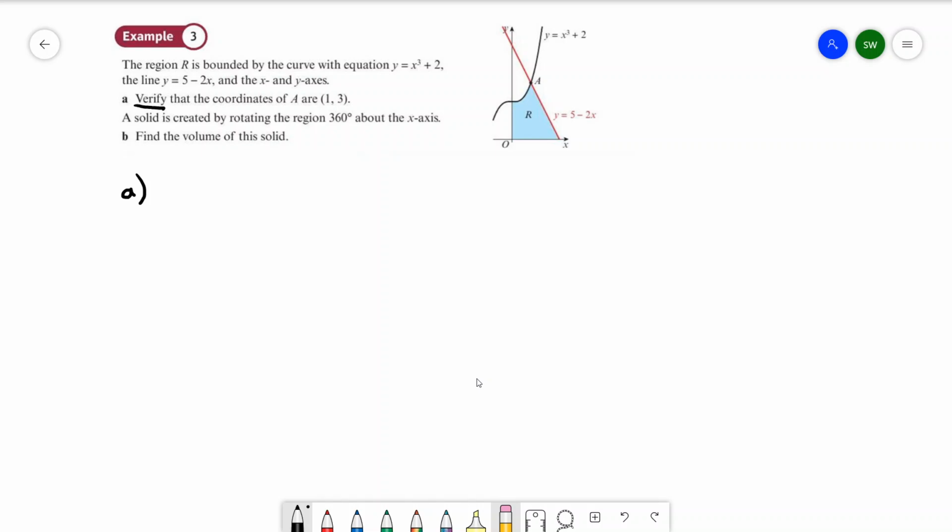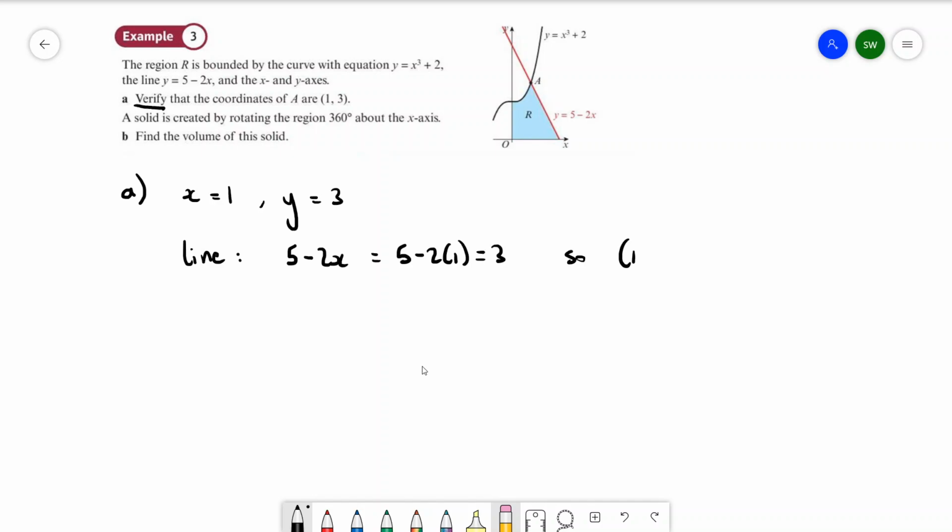Verify just means make sure that it works. So we basically just got to make sure that (1, 3) is the point of intersection of these two graphs. So we just need to sub in x equals 1 and y equals 3 into both of these graphs and check that they work. So for the line, if we sub in x equals 1, 5 minus 2x will be equal to 5 minus 2 times 1, which is 3.